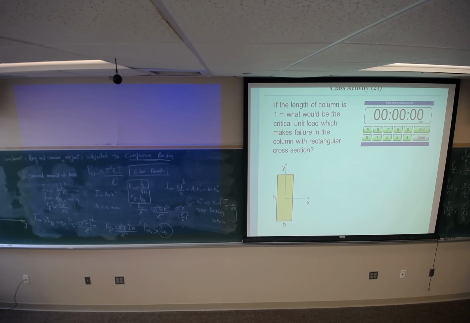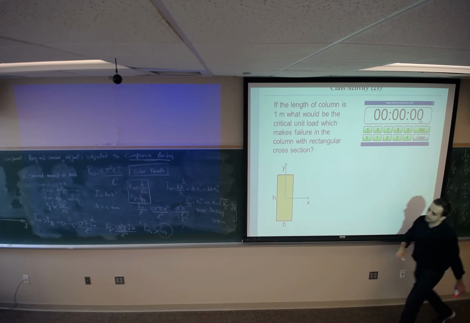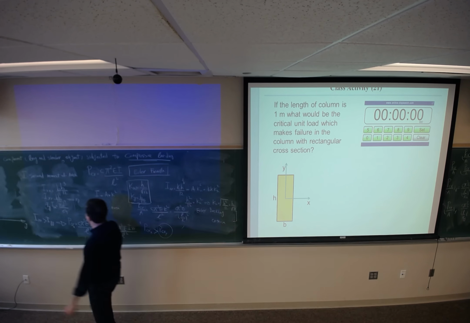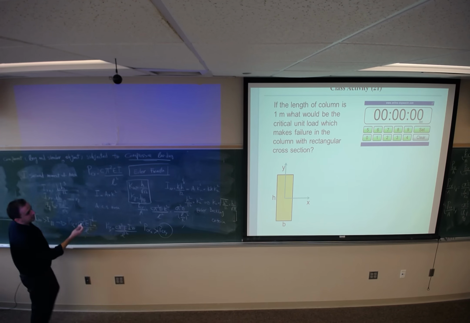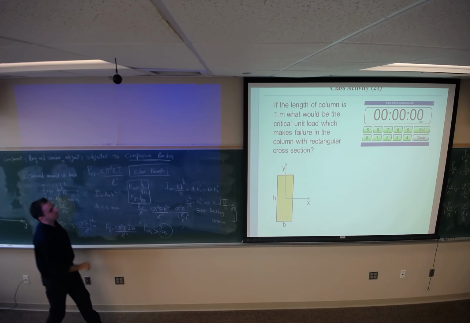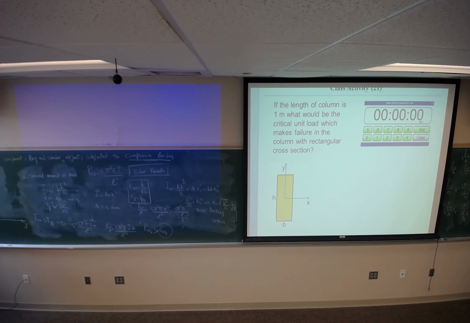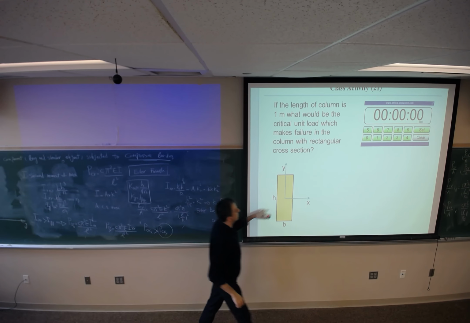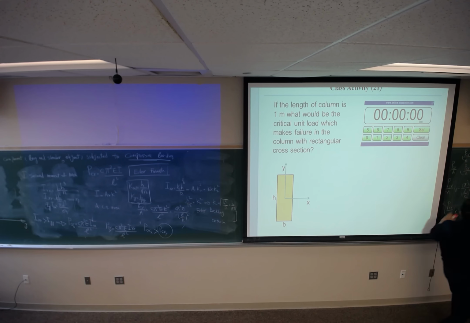If you compare these two, C pi squared and E are the same, the only difference would be Kx and Ky. Ky is smaller than Kx, so this one is less than this one.